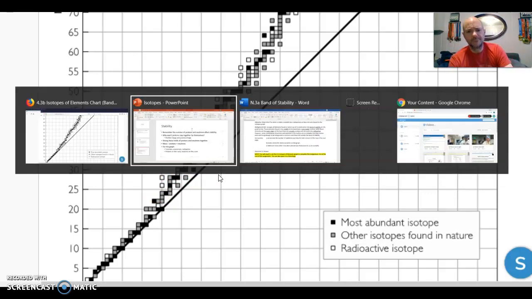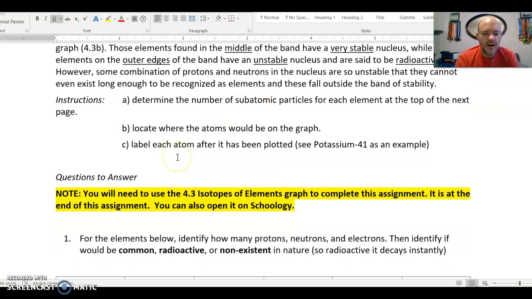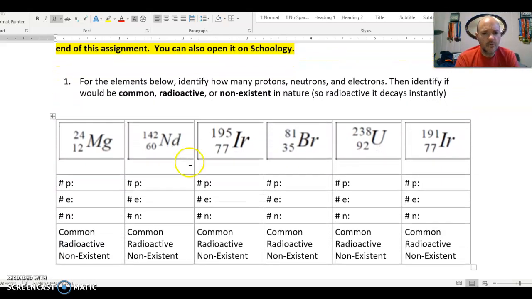So in order to think about this a little bit, let's start. I'm going to just go through and do a couple of these really quickly with you and help you get going. So iridium 195. If I look at this, I'm looking at my element symbol again. Remember, the number on the bottom left is the atomic number, so that is the number of protons.